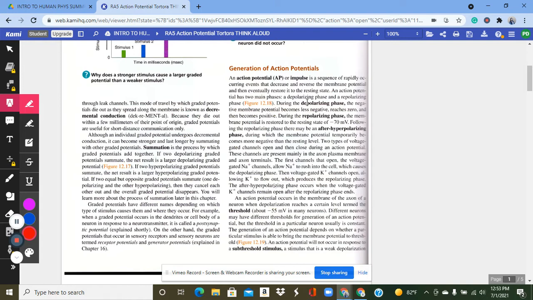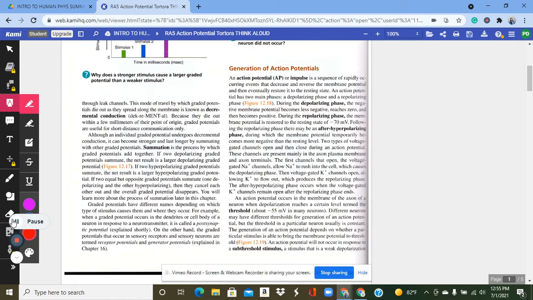And when depolarization reaches about, let's say, negative 55 millivolts, that will cause a neuron to fire an action potential.